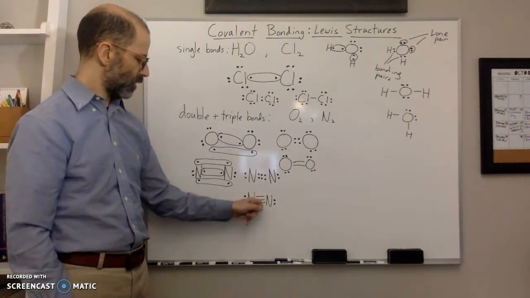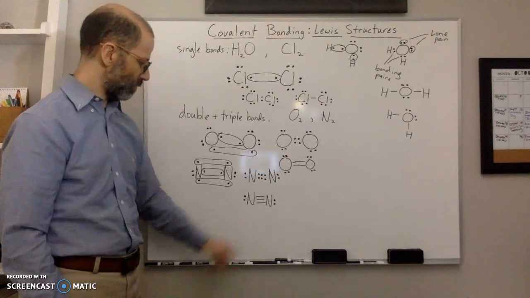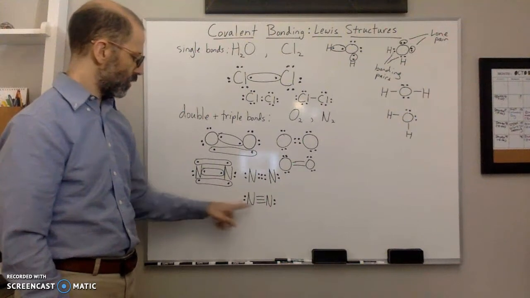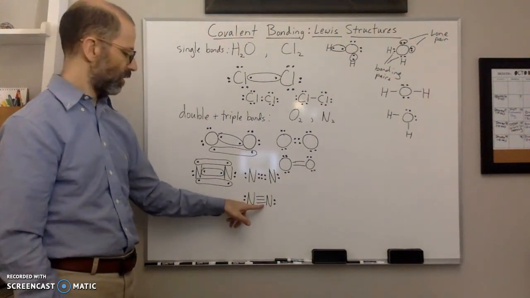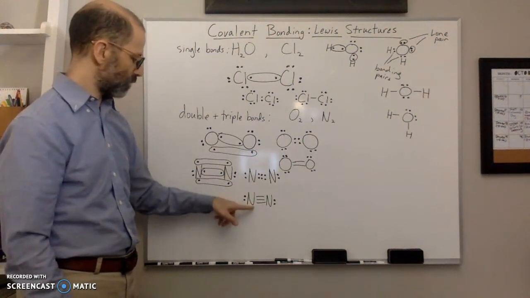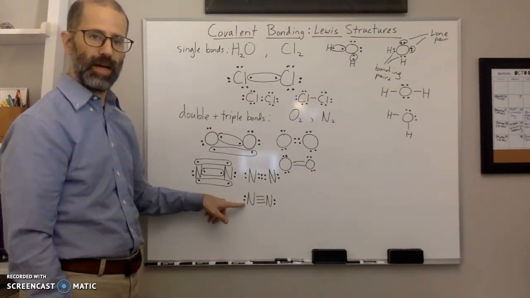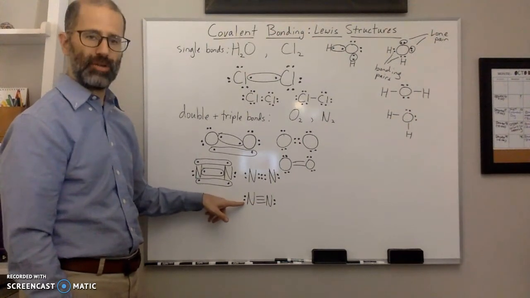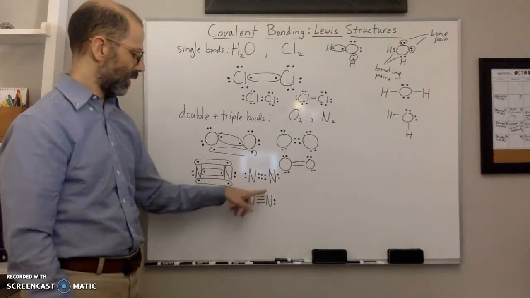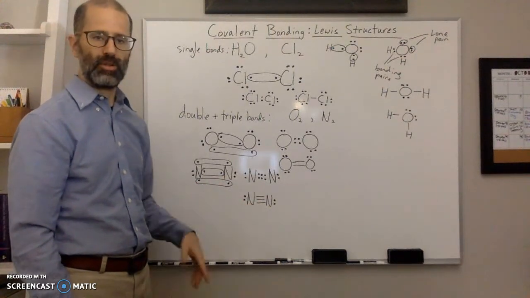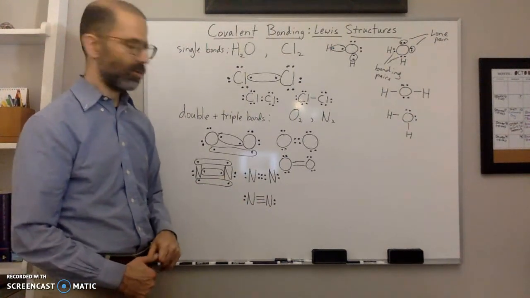So you got to remember there's 6 electrons being shared, and then you got 2 in the lone pair. So that's 8 for this nitrogen, and the same thing for this one. So they're happy with their octet.